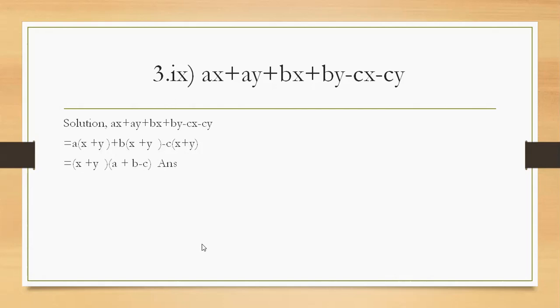Are you clear, children? Yes, sir. Sitala, are you understanding? Hello, Sakshi, have you understood?